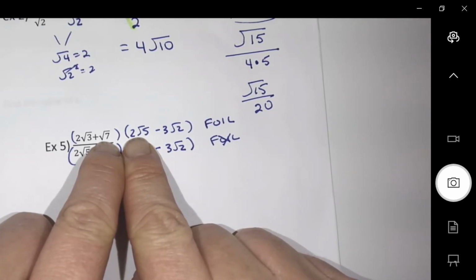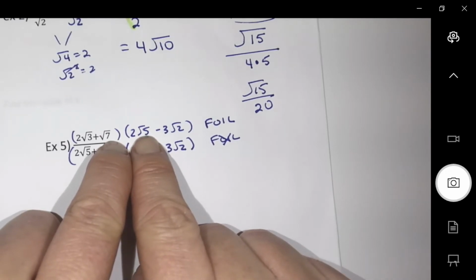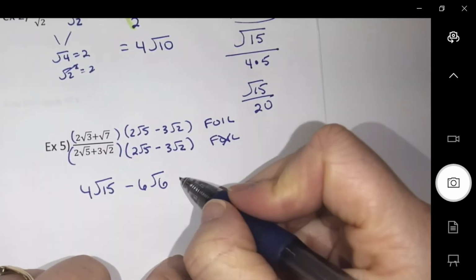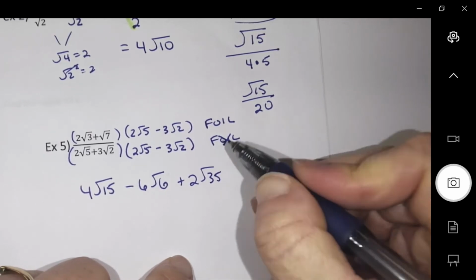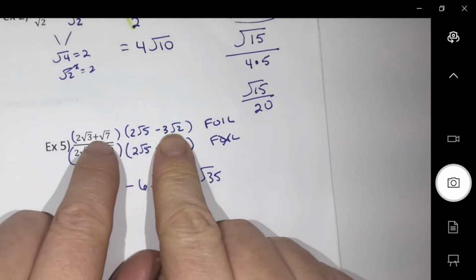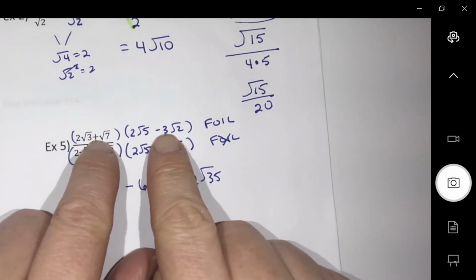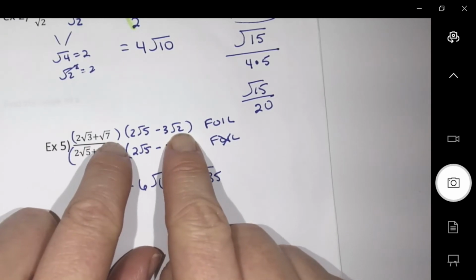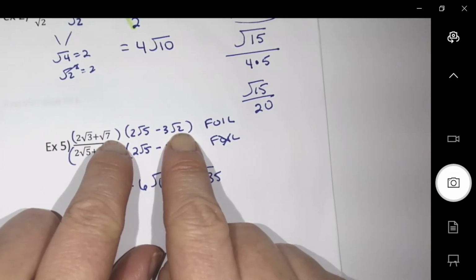Insides will make plus 2 root 35. Last will make whole number minus 3 radical 14.